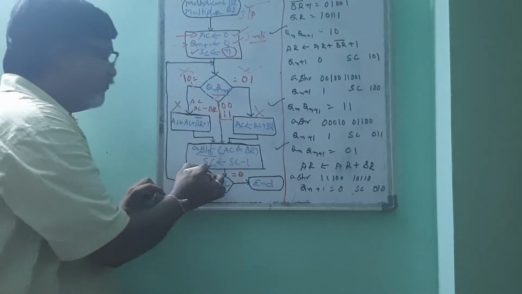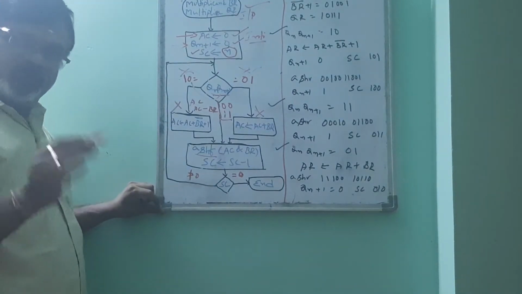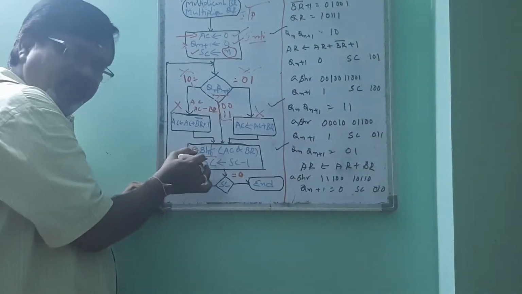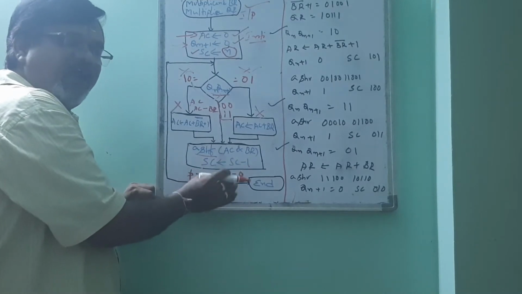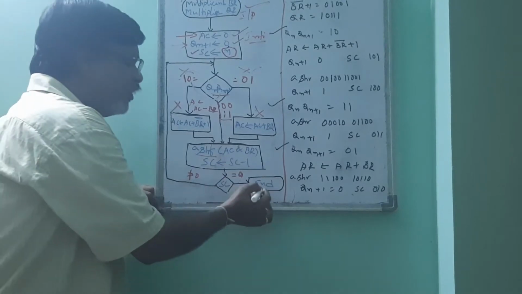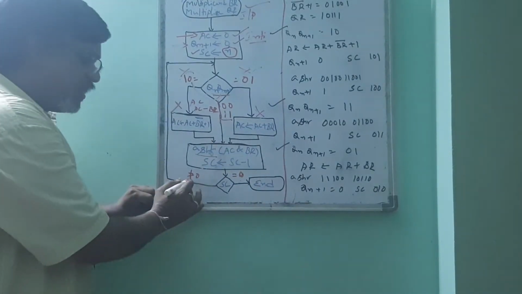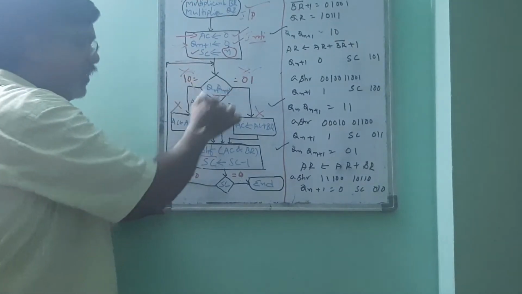After shifting, we decrement the sequence counter value by 1. After decrementing, we check the value of SC. If the value of SC has reached 0, the process ends. If it is not equal to 0, the process is repeated from here.